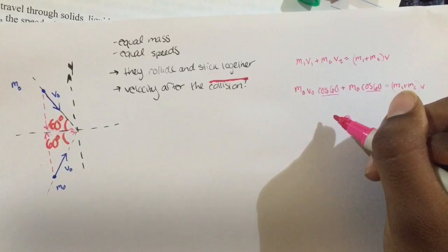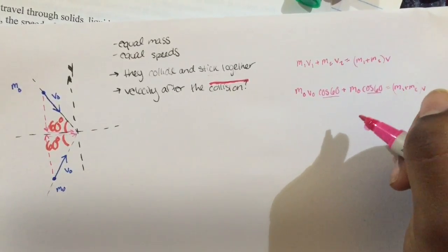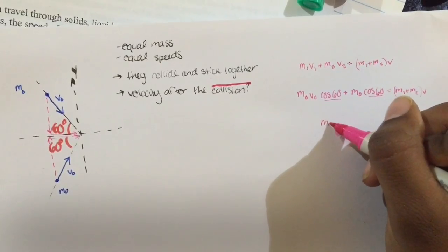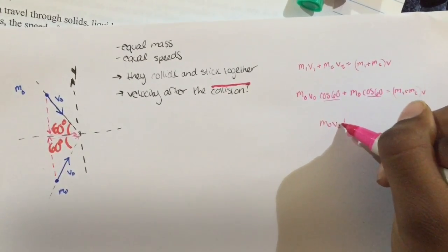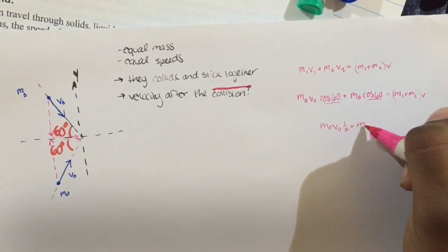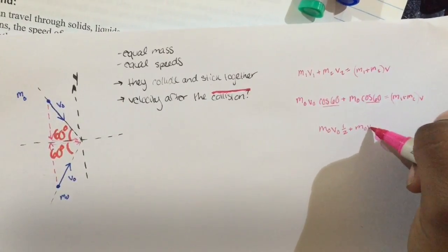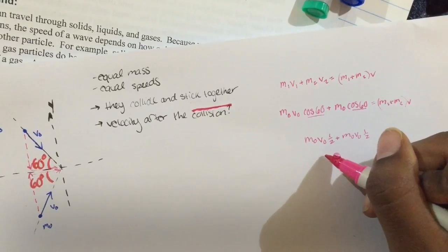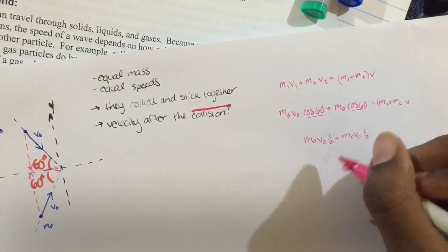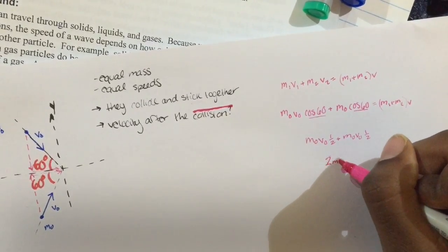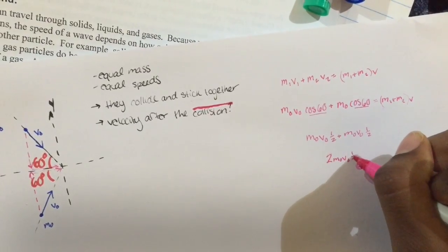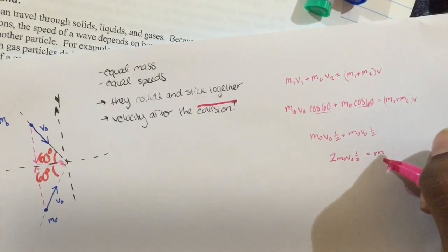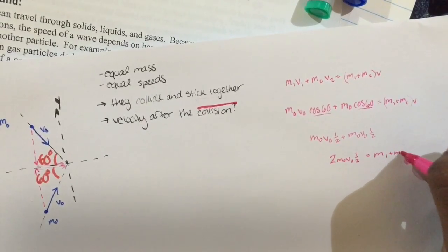So it's basically, and you combine it, it's 2 equals m1 plus m2.